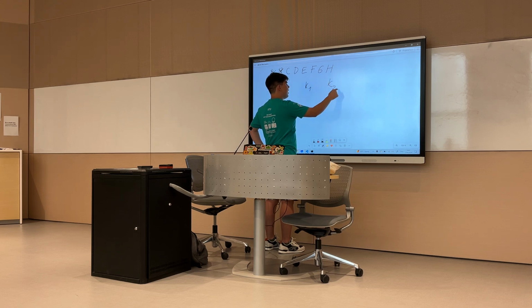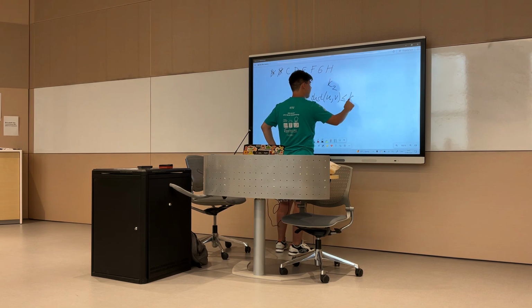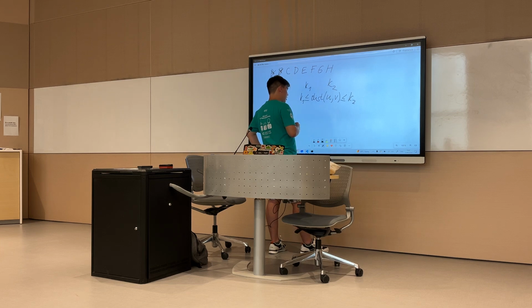We need to find the number of pairs of vertices u, v such that dist(u, v) lies on that segment. Okay, that's not very hard to find.